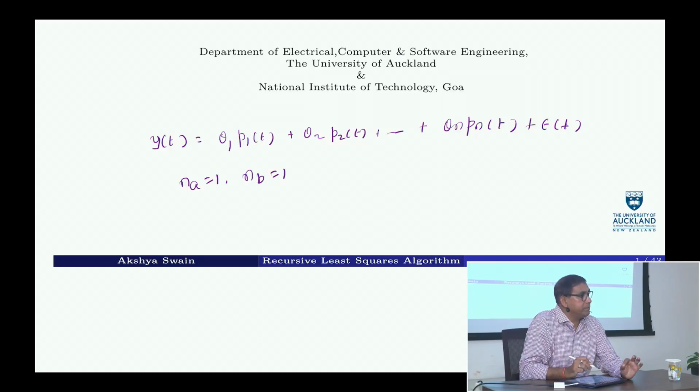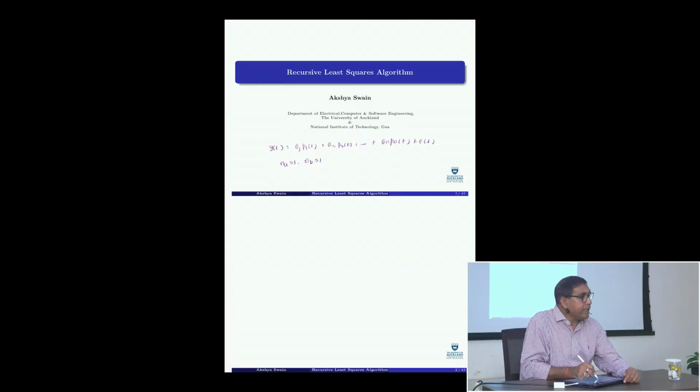I'll tell you the problem later on. It is not correct if you are not getting a good response. Now when you give NA equal to 1 and NB equal to 1, your model is y(k) equal to theta 1 y(k-1) plus theta 2 u(k-1).